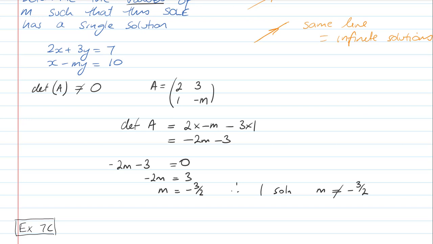That m here actually defines a gradient. If m is negative 3 over 2, then we have these parallel lines, or maybe the same line over again. Whereas if m is not negative 3 over 2, the top line looks like this still, but the bottom one has a slightly different gradient. Maybe like this, or like that. But now there's definitely a solution.